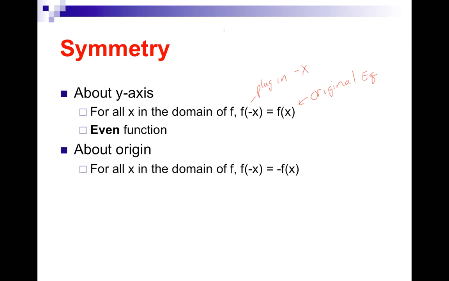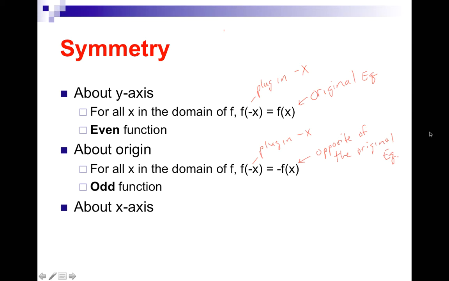This is an odd function. And for an odd function, if we plug in the opposite of x, we get out the opposite of the original equation. So that's our two main ones. We have even and odd functions.